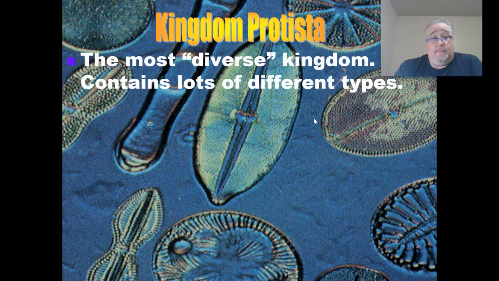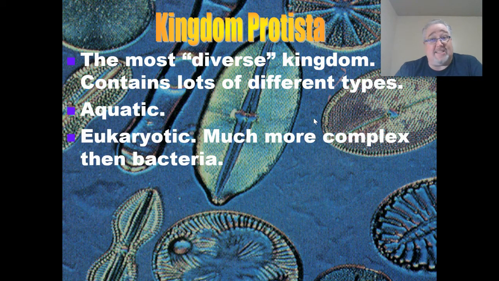Protists. Protists are the most diverse kingdom, which means that there's a lot of different types of them. There's some protists that are kind of like little plants, some that are kind of like little animals. They're all aquatic, which means that they live in water.